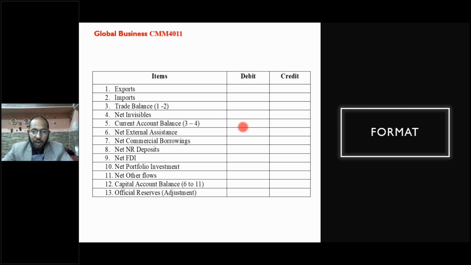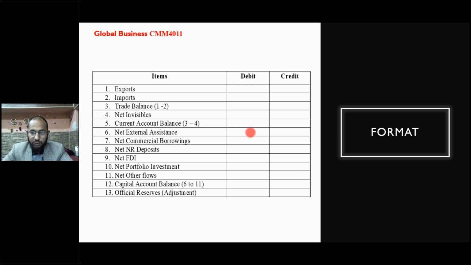When we are giving assistance, for example, India is giving financial assistance to Bhutan, it will be mentioned under the debit side of the balance of payments, and the balance of the two will decide whether it will come on credit or debit. If we have received more than what we have given, it will appear on the credit side. If we have given more than what we have received, it will come under the debit side.